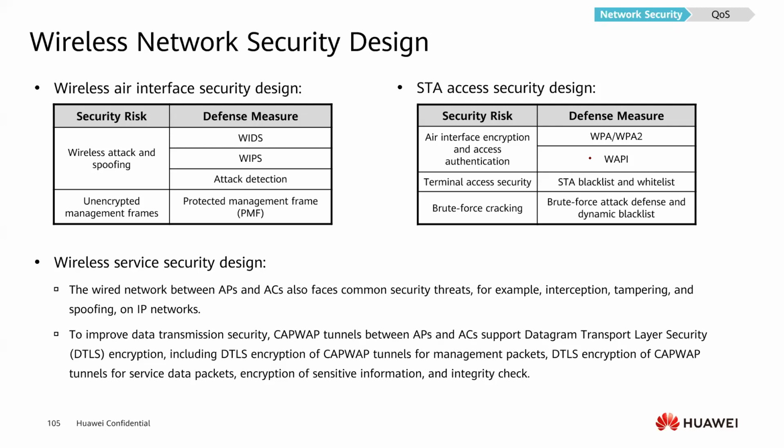For WEP, WPA, WPA2, and WAPI, each security policy has a series of security mechanisms, including link authentication used to establish a wireless link, user authentication used when users attempt to connect to a wireless network, and also data encryption used during service transmission. And for the wireless service security design, you can think about encrypting the data when you send it through the CAPWAP tunnel.